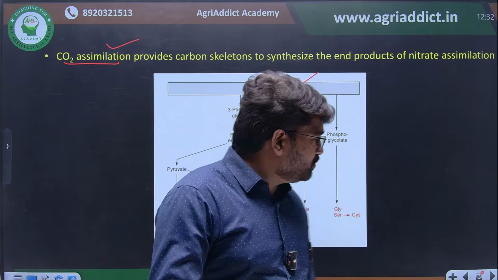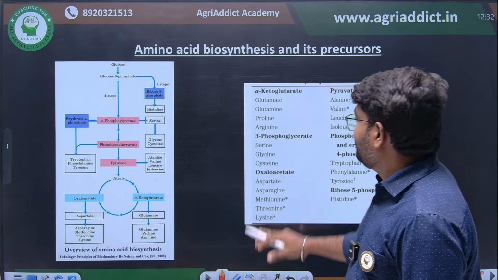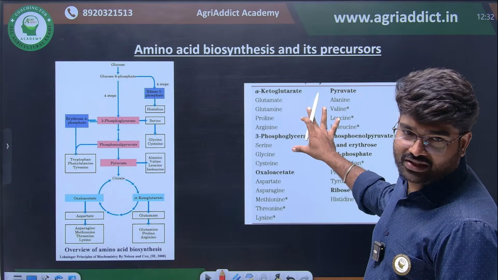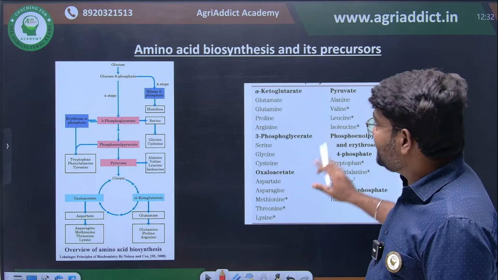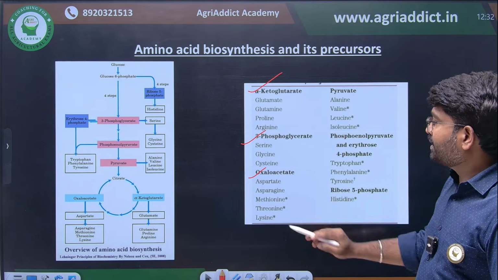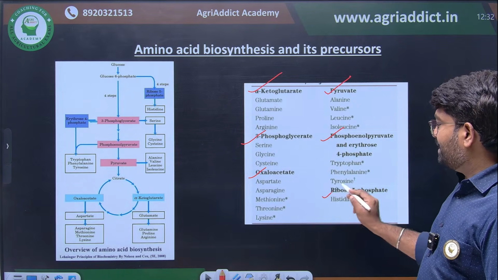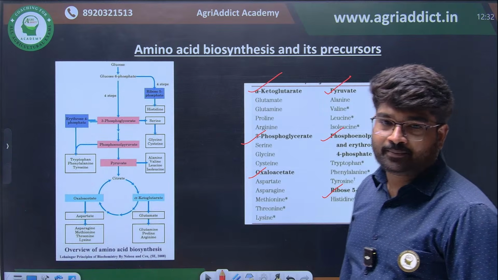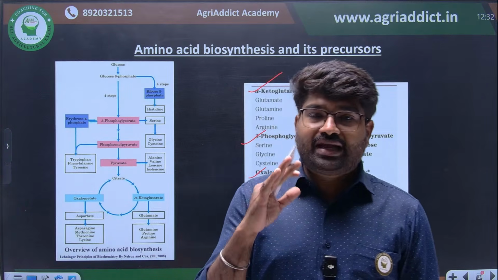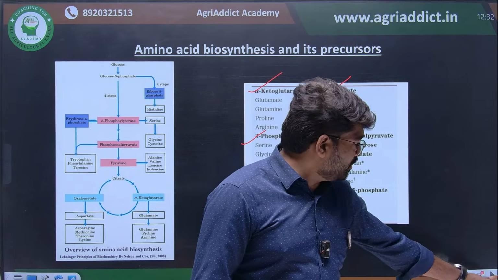You just have to remember there are 6 major classes of amino acids based on the biosynthetic precursor. We will see this in our metabolism class also: the alpha ketoglutarate family, 3-phosphoglycerate family, oxaloacetate family, pyruvate family, PEP family, and ribose phosphate family. These are the 6 families. We will see each class very briefly in our upcoming metabolism revision class.